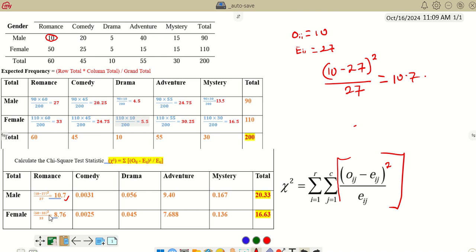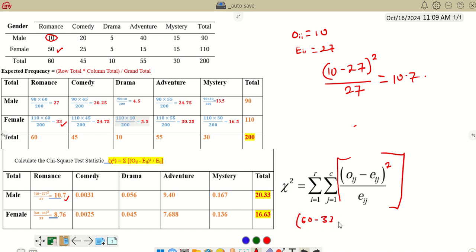So if you want to do the same thing for this, it means we are going to use this cell, 50. So that becomes my observed. Then when you come here, this is the expected. So it's going to be observed minus expected, which is going to be 50 minus 33.